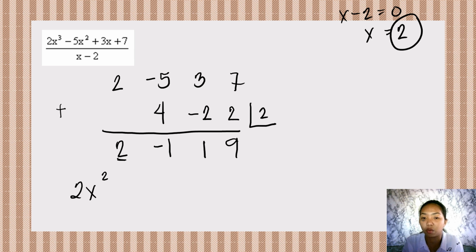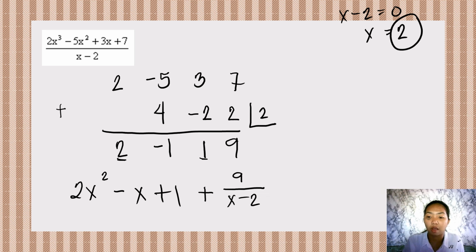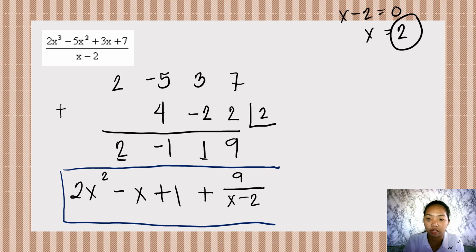Then squared because it is 1 lesser than the biggest exponent, and then minus 1, no need to write 1, and then x because we're done with the squared, and then plus 1 here, and then our remainder 9. So plus 9 over the divisor x minus 2. So our quotient for the given problem is 2x squared minus x plus 1 plus 9 over x minus 2.